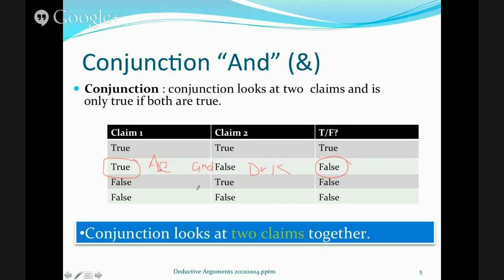Or if two things are false. If I said that Koizumi is the Prime Minister of Japan, that is false. And that Dr. K is the governor of Hokkaido, that is false. This is false. So the only way to make a conjunction true is if both parts are true. Sapporo is in Hokkaido. Asahikawa is in Hokkaido. So conjunction looks at two claims together.